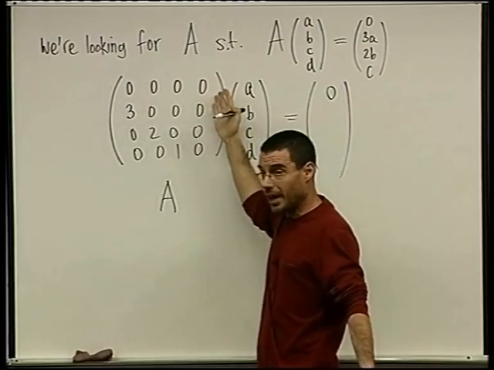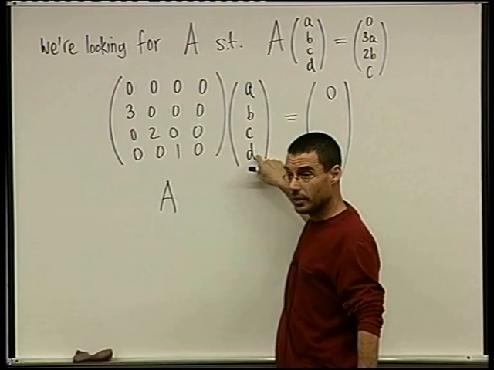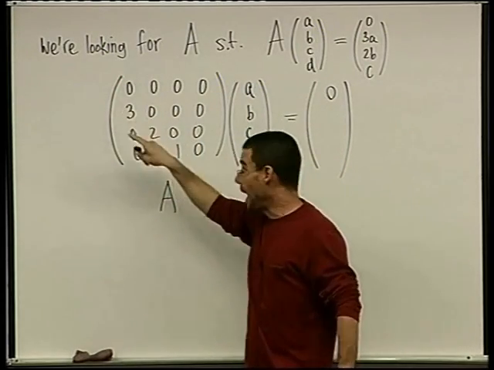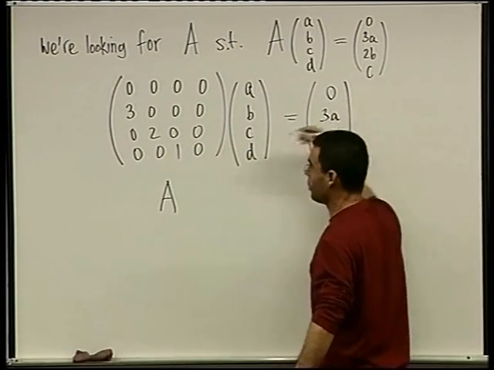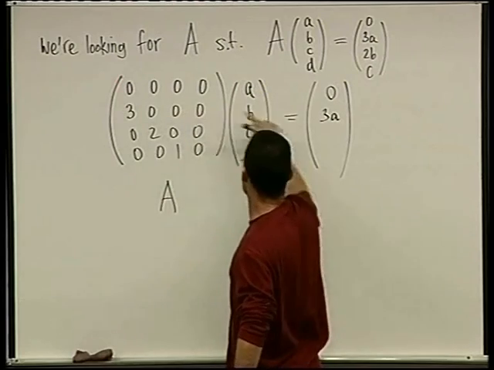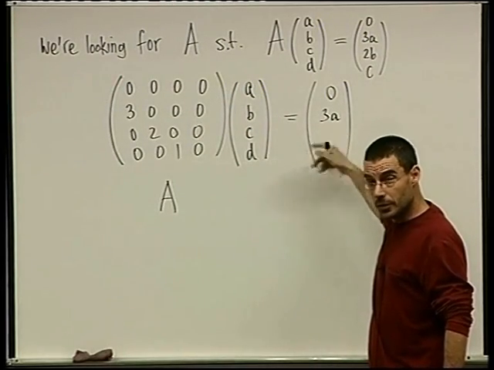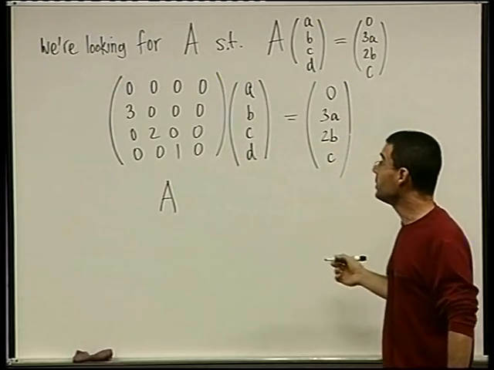So obviously they all have to be 0. You don't want a's, b's, c's, or d's there. That's how I got this row. Clear? How do I get this row? Well, I want to have here 3a. No problem. Take a 3 here and then 0, 0, 0. Good? So do you see how I formed this matrix? It's very easy.